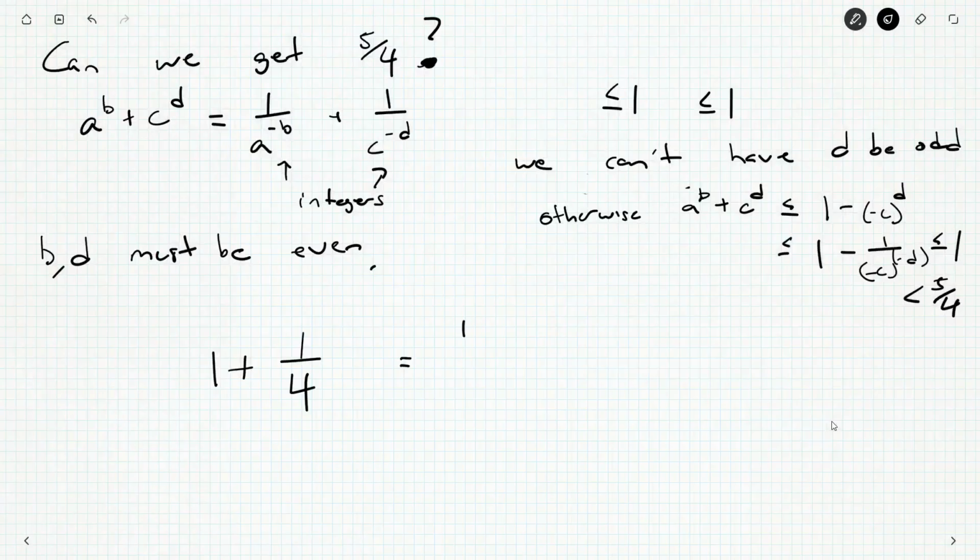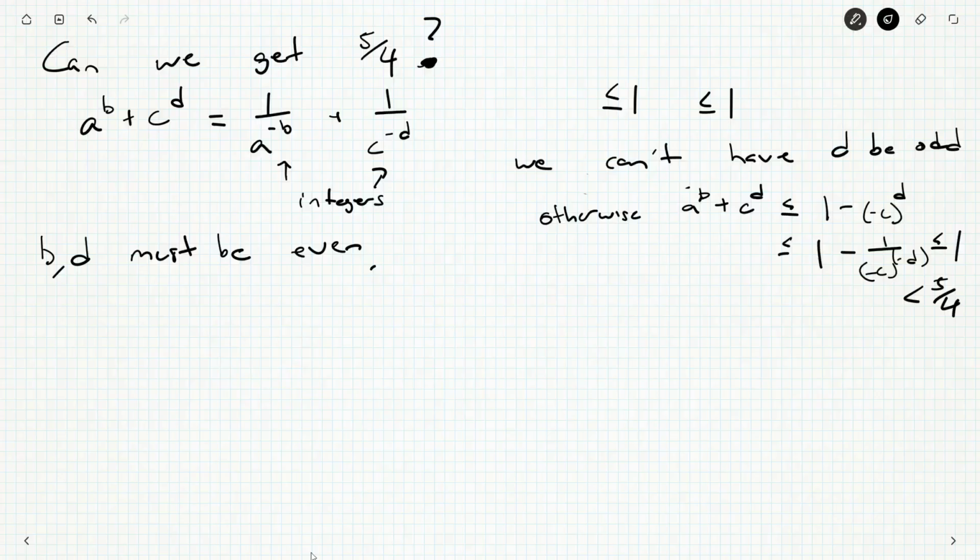There are other ways to get 5/4, but this is the way that they would be hinting at. But then this would be something like 1 over negative 1 to the 2 plus 1 over negative 4 to the 1. It just doesn't quite work out. You can't ever get the 4 that way. But the second that you say, well, could we get something else? Well, no, these guys are no bigger than 1. And if you want something that's bigger than 1, you've got to have B and D be even.